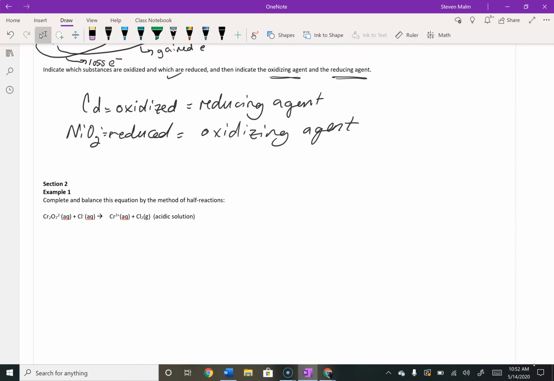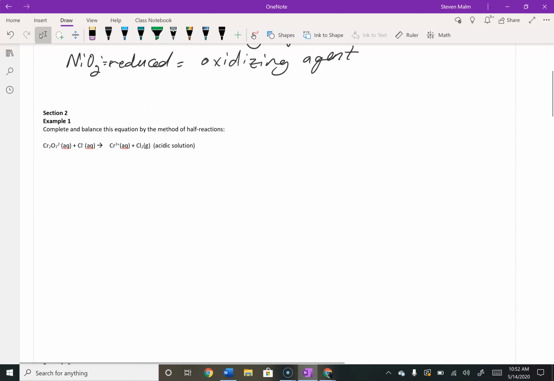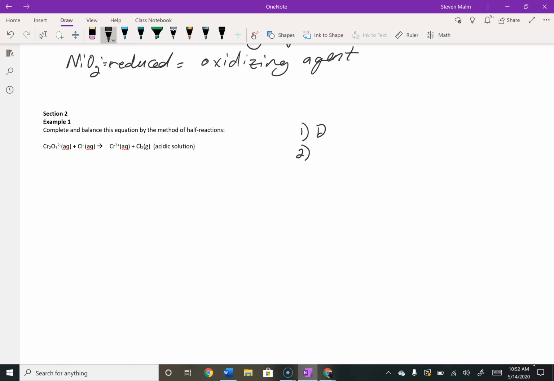Next one that we're going to cover is completing and balancing by the method of half reactions. What I'm going to do right now is go through the steps. I just want to write the steps out, and then I'm going to pause and come back to this. So the first step is to determine all oxidation numbers. That's the first thing we're going to do.